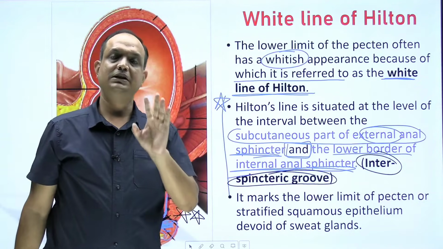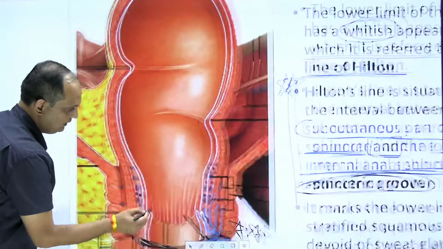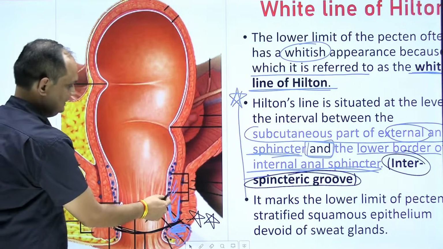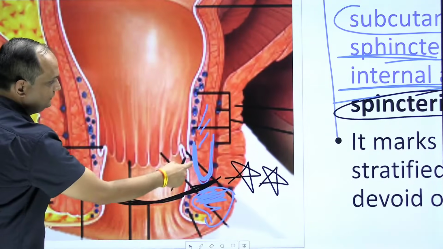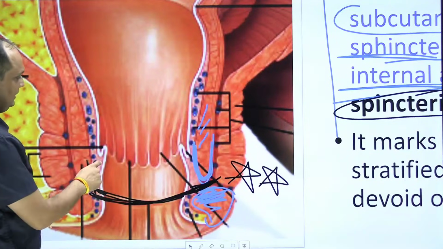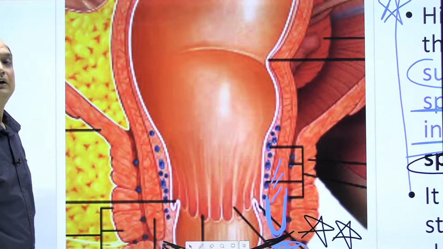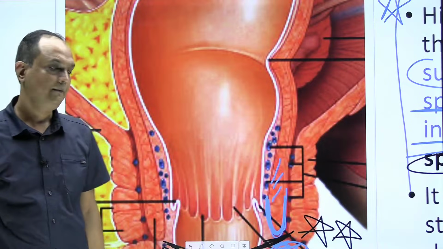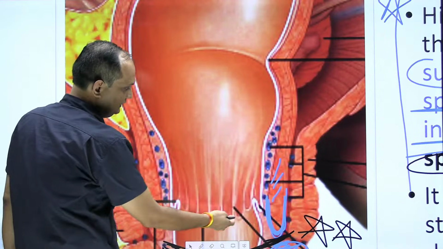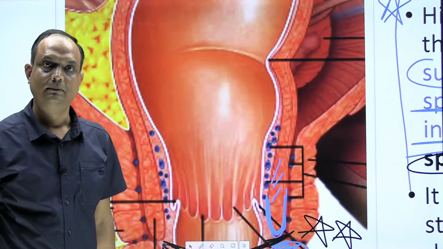If you remember, I just told you that the pectinate line lies on the middle part of this internal anal sphincter. Now, in this area, you can see that these are the lower borders of your columns of the anal canal, and if you join all these things, you are going to form the dentate line. Clear?